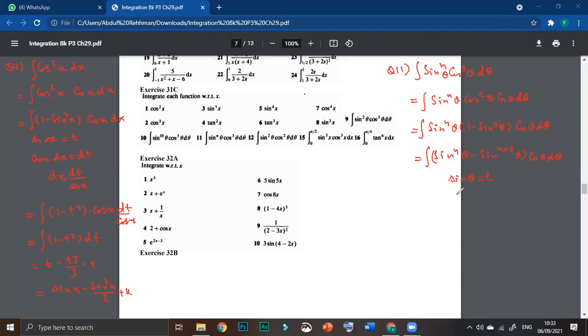Substitution, yes. And we will have d theta is equal to dt over cos theta. We get t power n minus t power n plus 2, into cos theta dt over cos theta, and we are left with t power n minus t power n plus 2 dt.